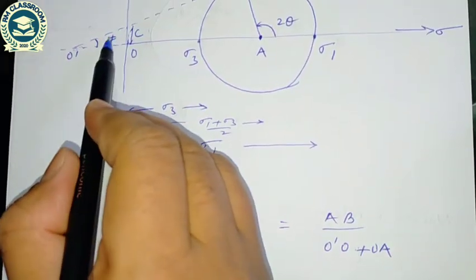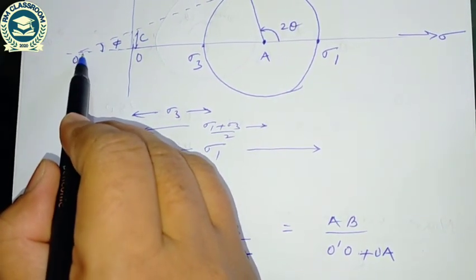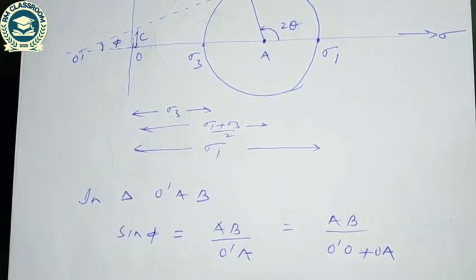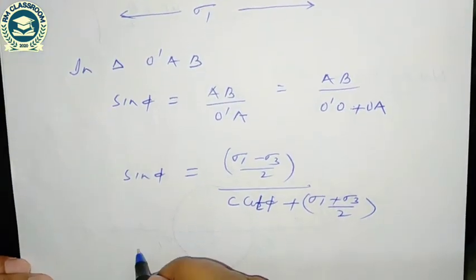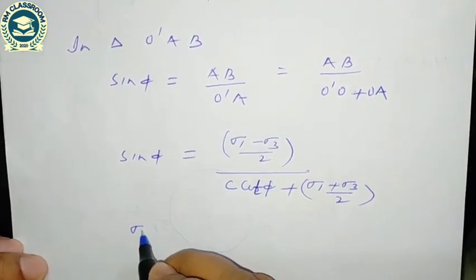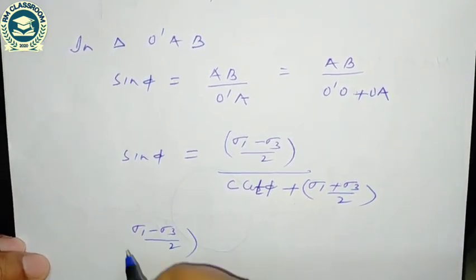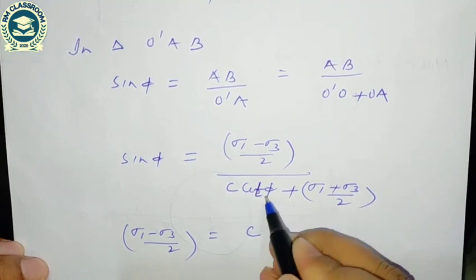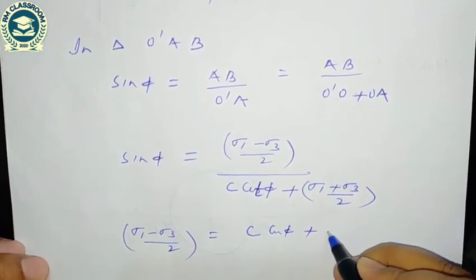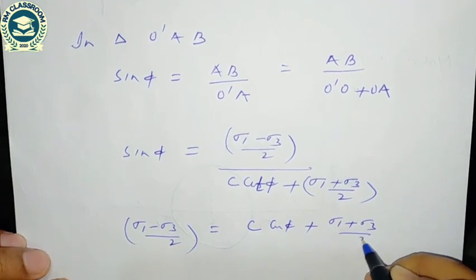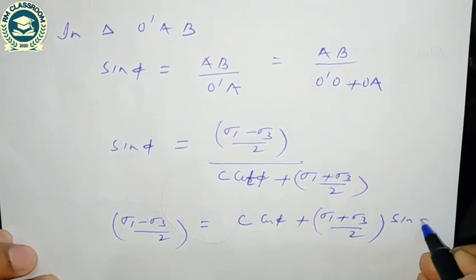So cos phi is this one, and cot phi is equal to this by this. So it is not cos phi, it is cot phi. So if I multiply, sigma 1 minus sigma 3 by 2 is equal to C cot phi into sin phi, so it is C cos phi plus sigma 1 plus sigma 3 by 2 into sin phi.